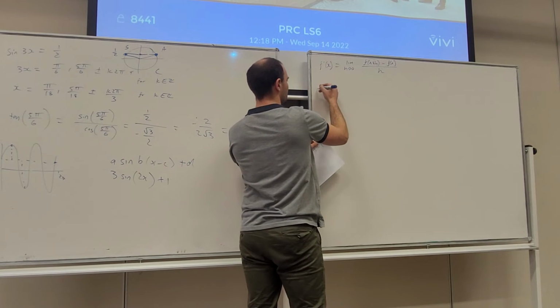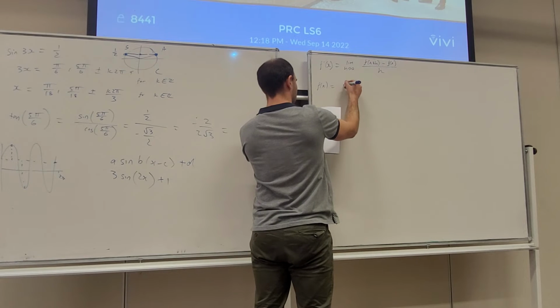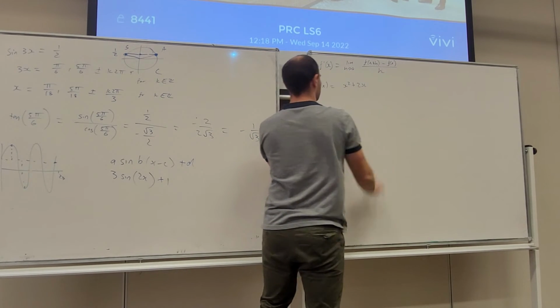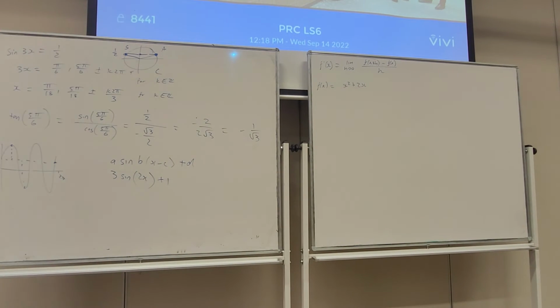And the function that we're doing it for is x squared plus 2x. So let's get started.